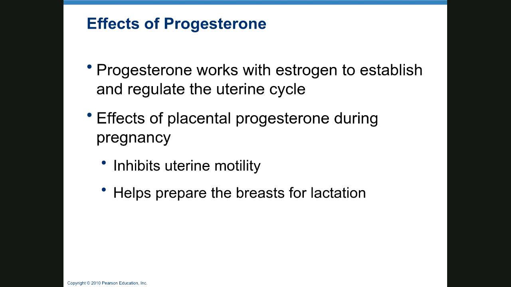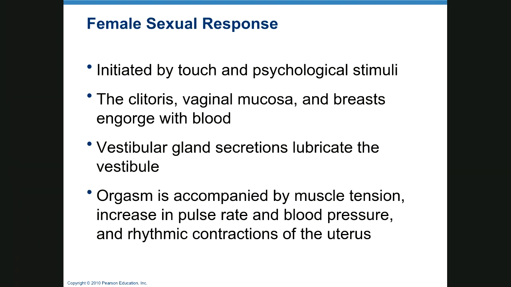Progesterone works with estrogen to establish the uterine cycle, and it also inhibits uterine motility and helps prepare the breast for lactation. Okay, the female sexual response is all in the brain, whatever floats their boat. The same thing, you have increased blood supply into the clitoris, vaginal mucosa, and even breasts.